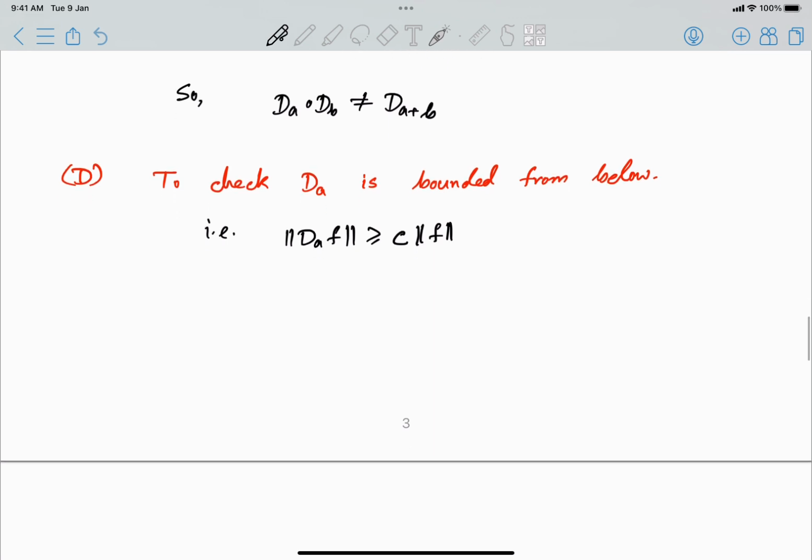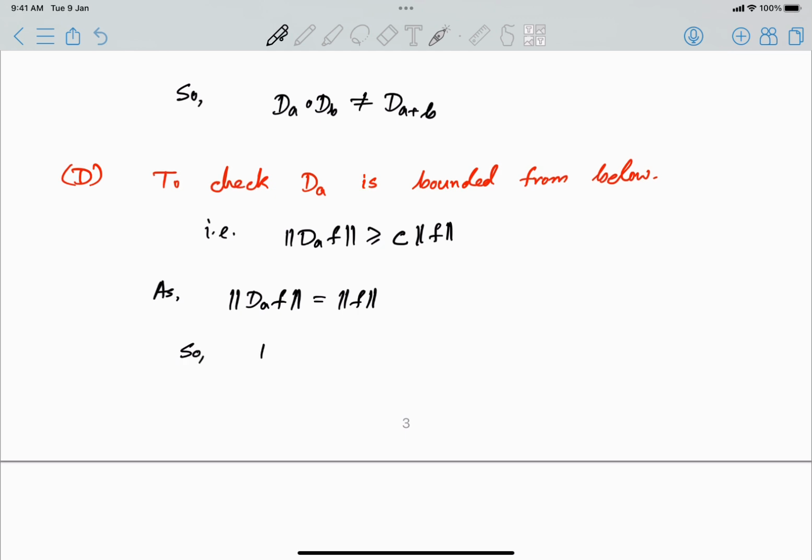So note that the norm of dA of f is the same as the norm of f. Because this is an isometry, here c you can take to be 1. So which is trivially saying that this is bounded from below, right?